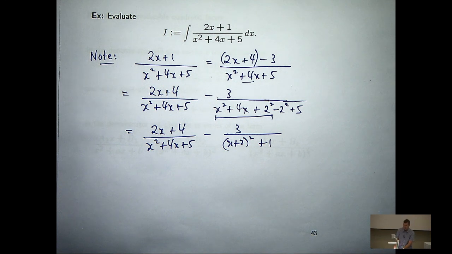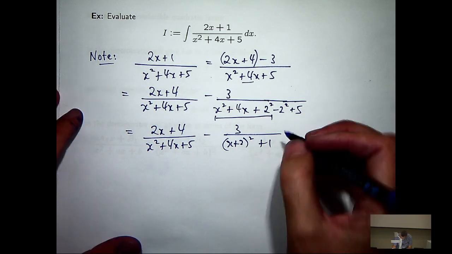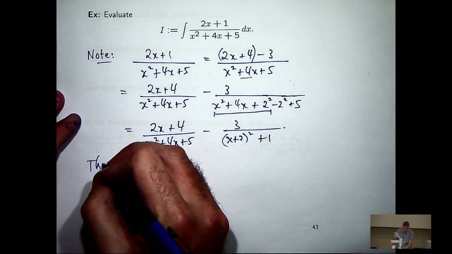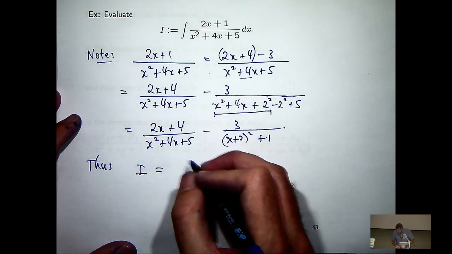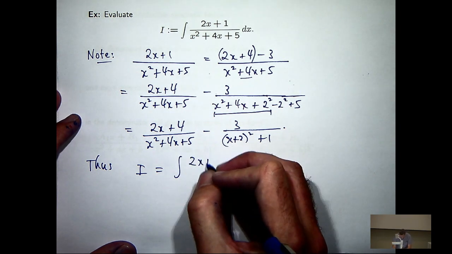The first term is going to have an integral involving a logarithm. The second term is going to have an integral involving inverse tan. So the integral is going to be something like this.